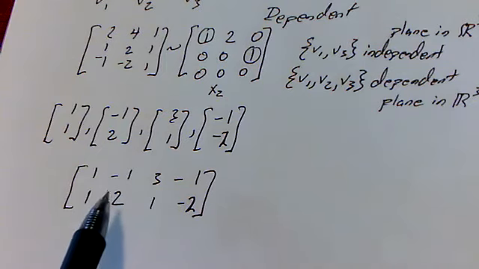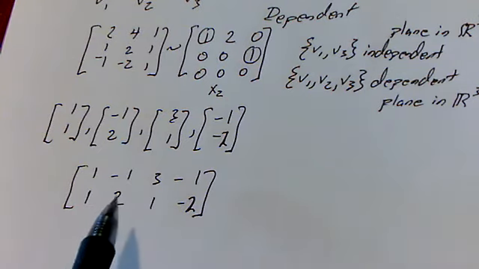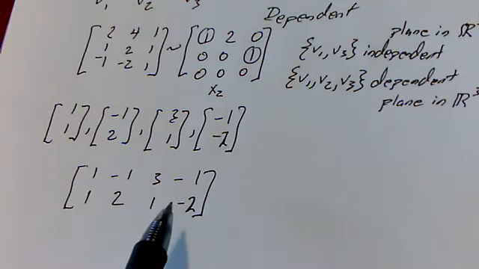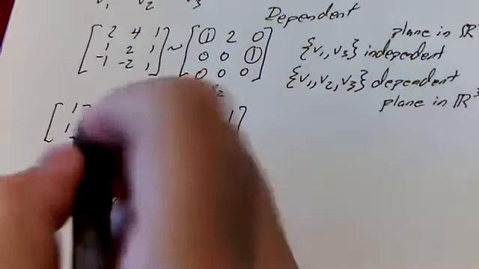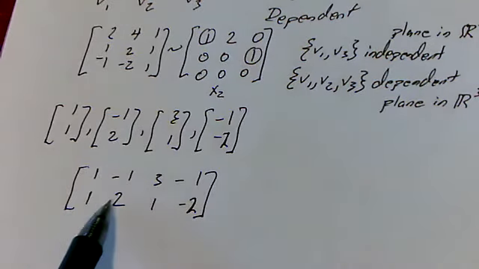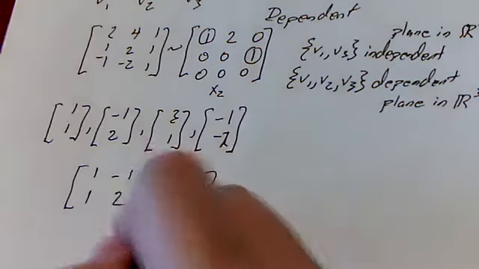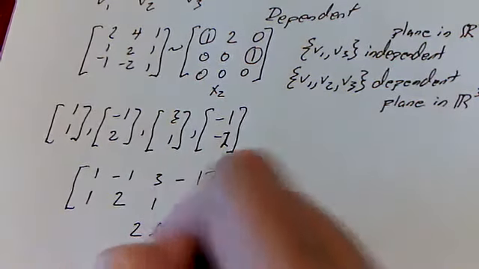So with just 2 pivots, I don't have enough rows to get these to be independent, right? It doesn't matter where my 2 pivots are. If they're here and here, maybe they're first and third columns, I'm going to have 2 free variables.